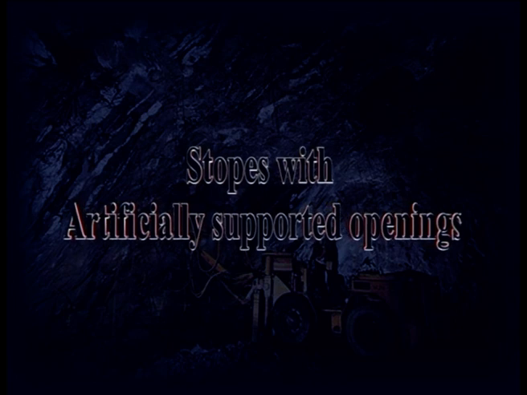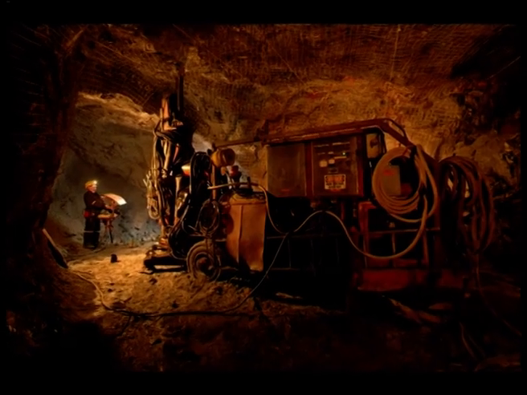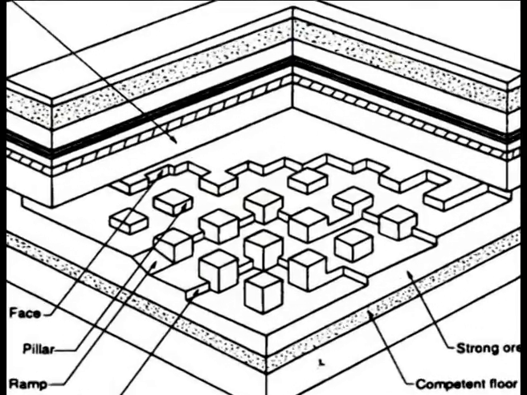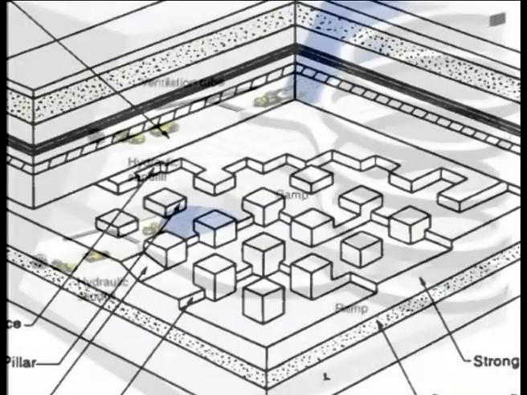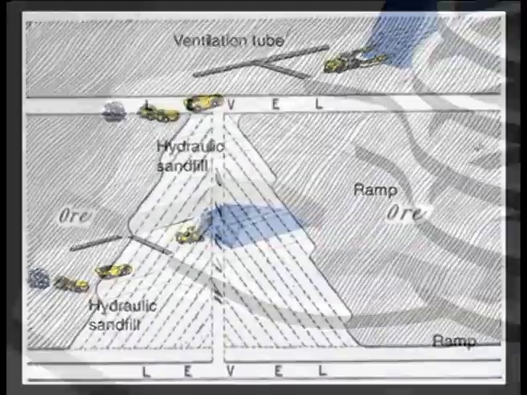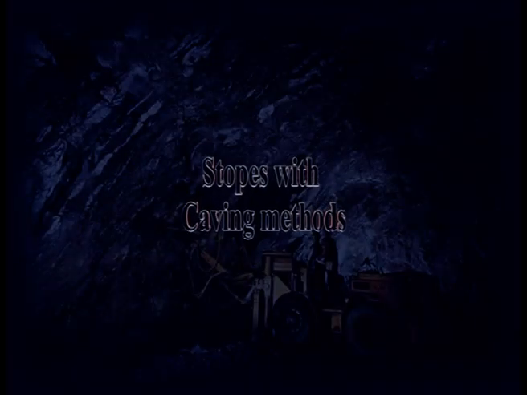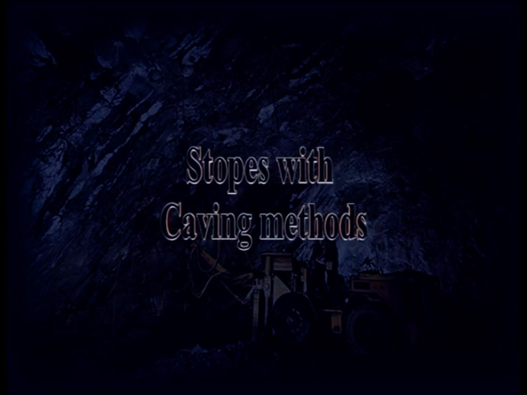It has been further divided as follows. First, square set method of stoping. Second, cut and fill stoping. Third, rill stoping. Fourth, shrinkage stoping. C. Caving methods. Caving methods have been further divided into first, top slicing. Second, block caving. Third, sublevel caving.